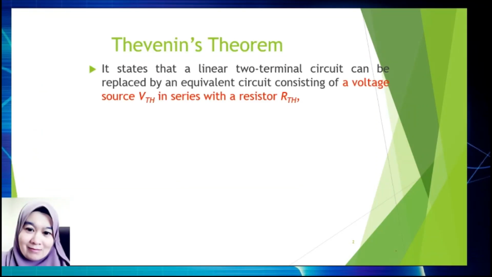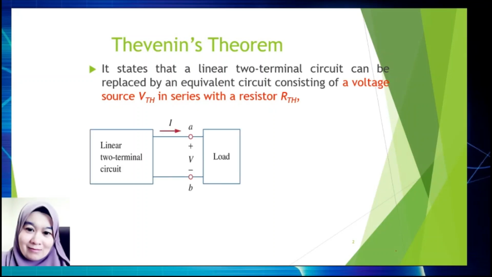Okay, Thevenin's theorem states that a linear two-terminal circuit can be replaced by an equivalent circuit consisting of a voltage source VTH in series with a resistor RTH. TH means Thevenin's.